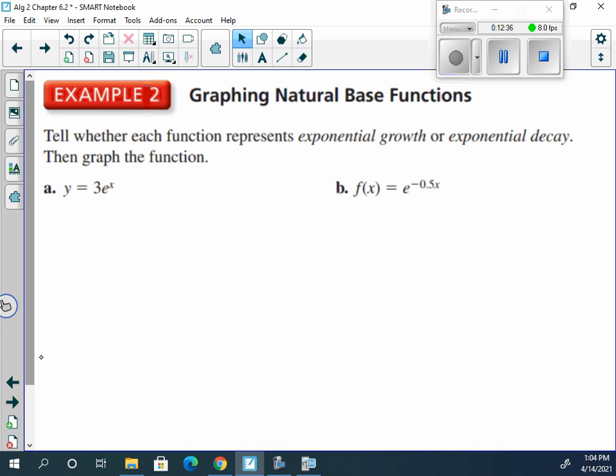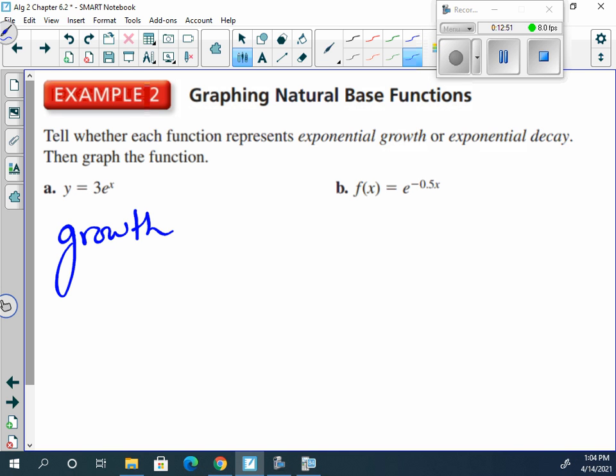So, if we looked at y equals 3e to the x, would this be exponential growth or exponential decay? This would be, the exponent is 1, it is positive. Since it is a positive exponent, it would be growth.